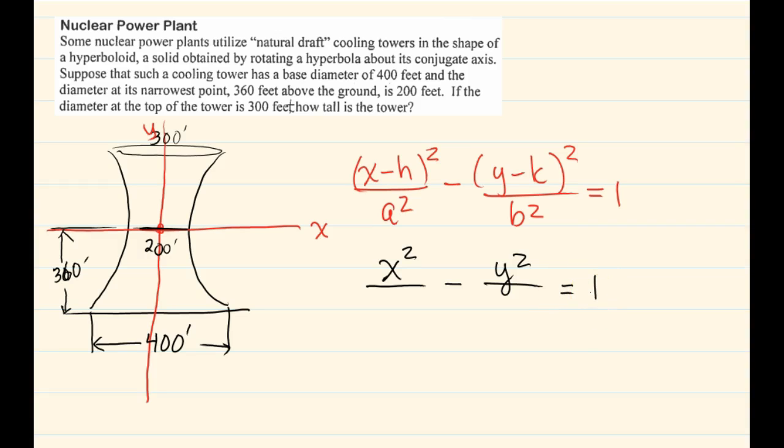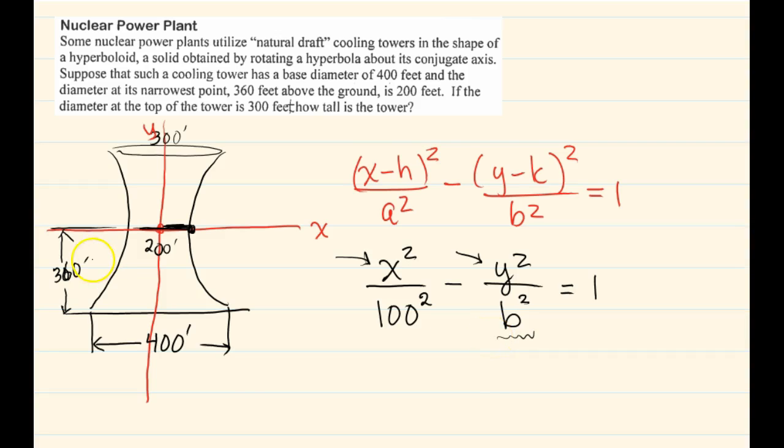So now we need to figure out a squared and b squared. Well, if this is our vertex here, we know this distance is 100, so a is 100, so a squared is 100 squared. So we need to figure out b squared. If I knew a point x and y, I could plug it into this equation, and the only thing we would be looking for is b squared.